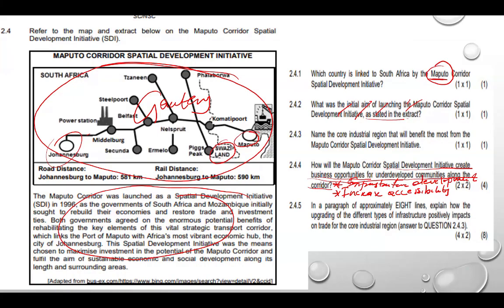How will the Maputo Corridor Spatial Development Initiative create business opportunities for underdeveloped communities along the corridors? There's going to be infrastructure development. There's going to be an increase in accessibility of this area. It is going to create job opportunities because there's going to be development of hotels, motels.